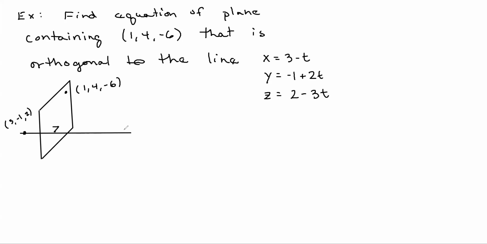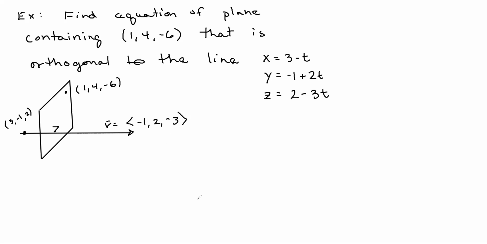And then we have a direction vector that defines the direction for the line. V equals <-1, 2, -3>. Okay. And so now we've got all the information and it's on our picture. We've got our point. We've got our line, point and direction vector.